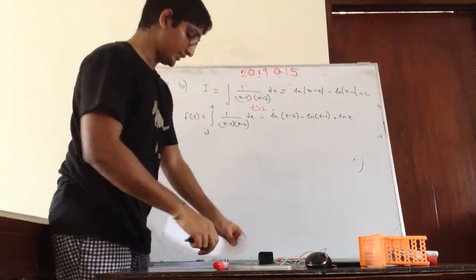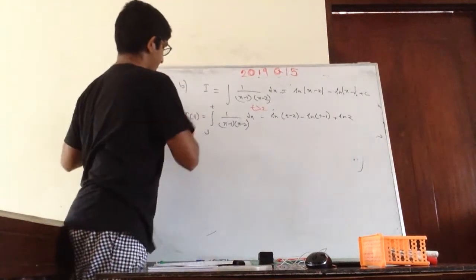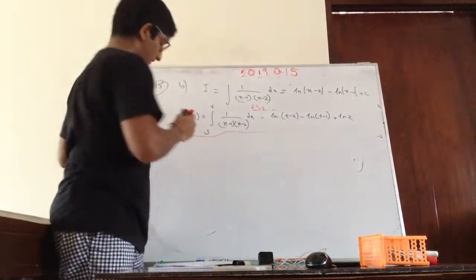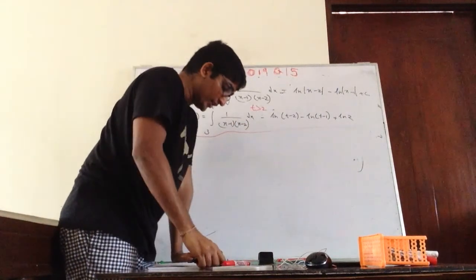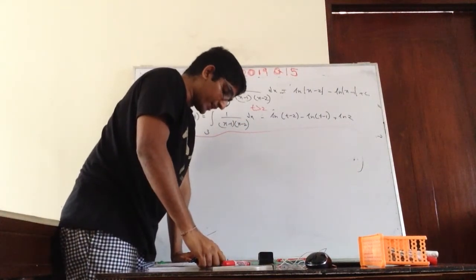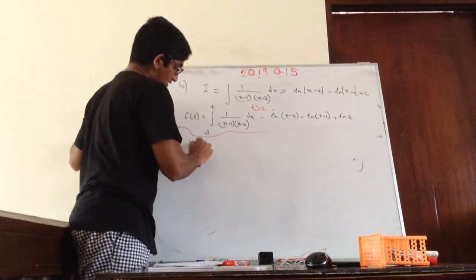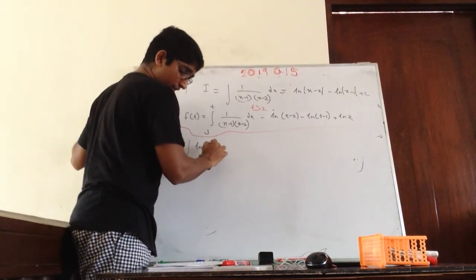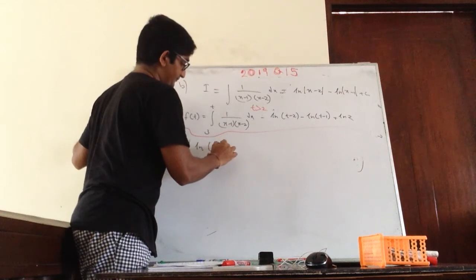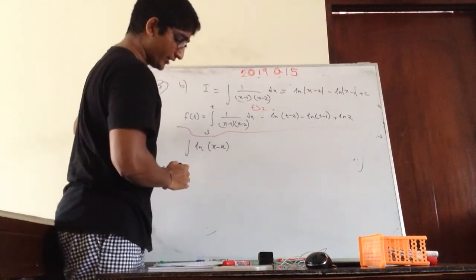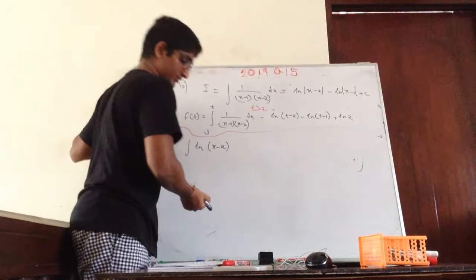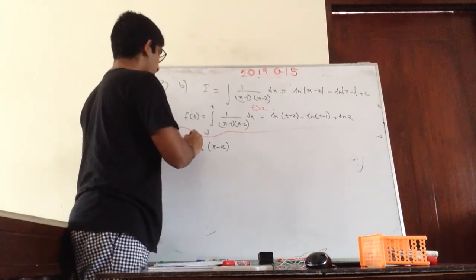Then they are saying, using integration by parts, find the integral of ln(x minus k), where k is a real constant. Okay, so now we have to find this.